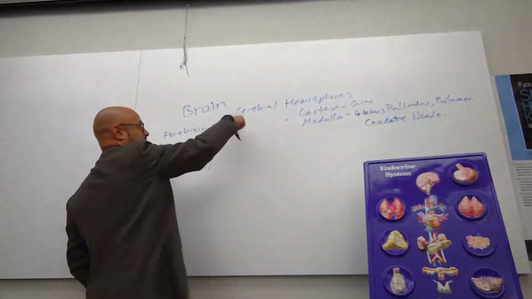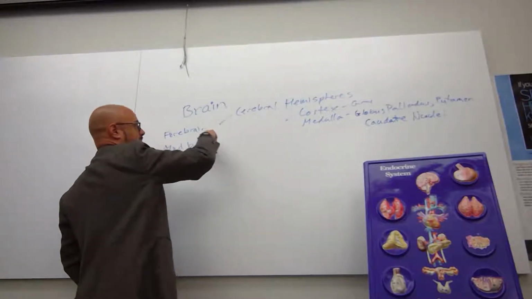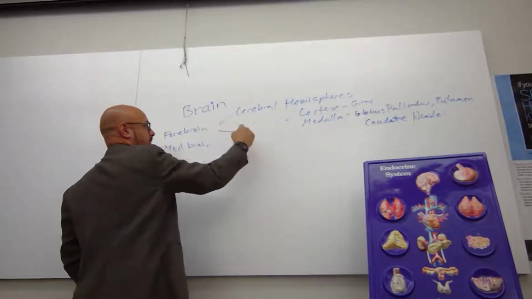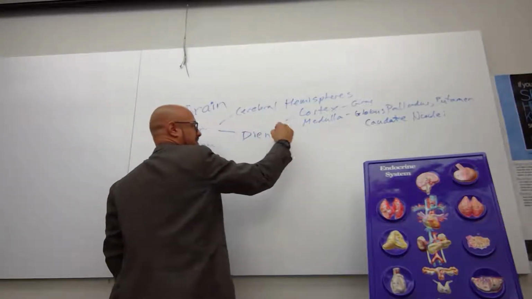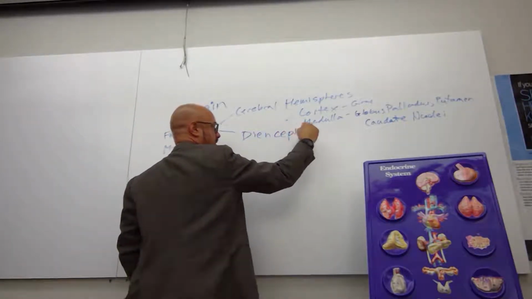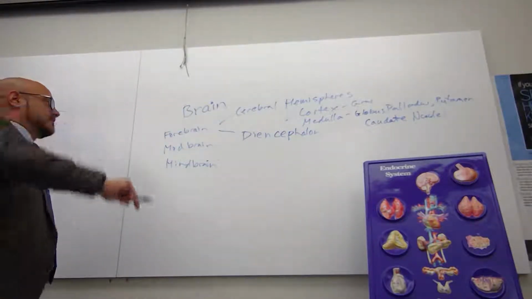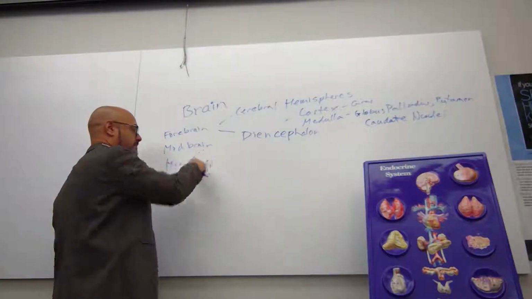Now, separate of that, your forebrain also has a second structure that's referred to as the diencephalon, which is a very important structure in the discussion for today. Midbrain stays midbrain.